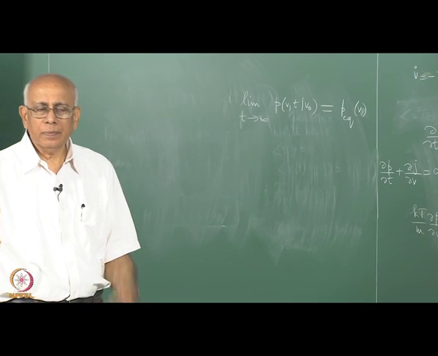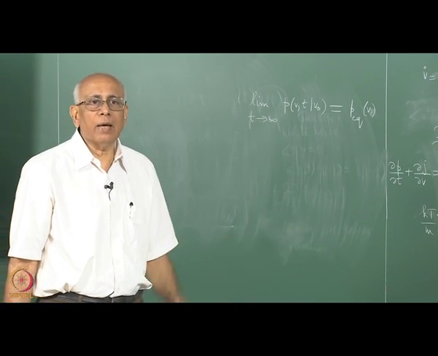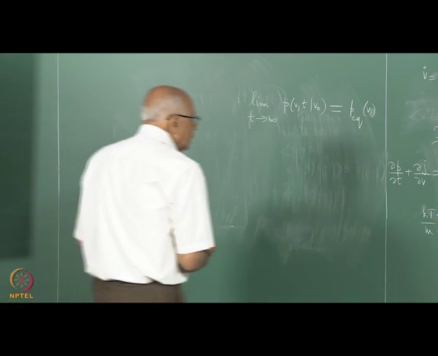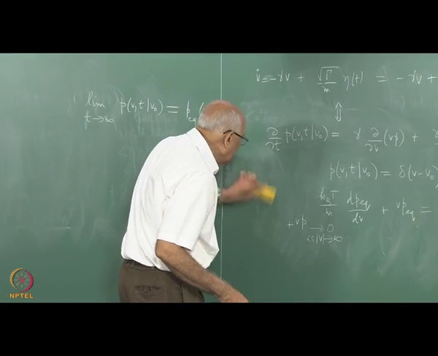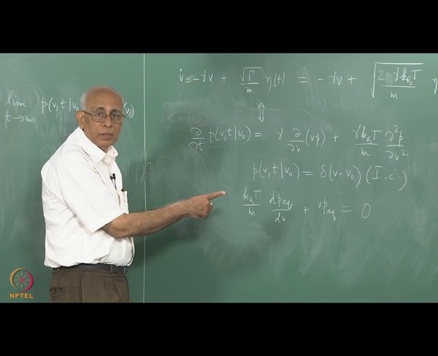So I used a physical argument to say that I want this equilibrium distribution to have finite moments. In particular I want a finite variance so that I can relate it to the average kinetic energy and so on. So if I solve this equation, it is an ordinary first order differential equation.